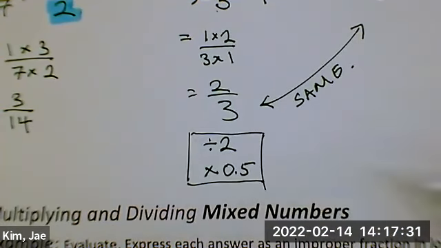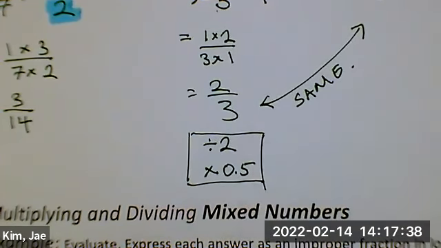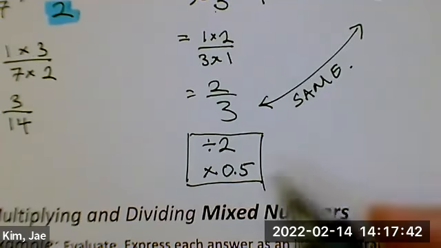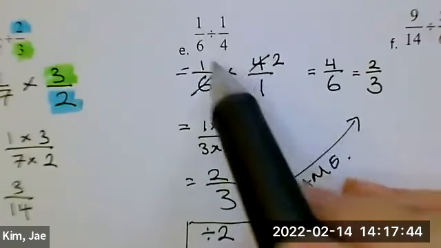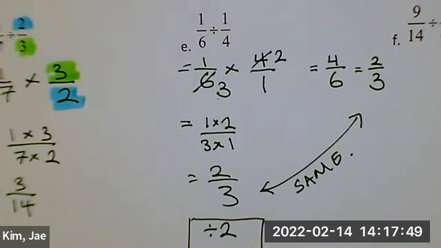These two are going to give the same result. Dividing it by 2 or cutting it in half or multiplying it by a half are the same thing. And so only do the reciprocal of the second fraction, or whatever fraction you're dividing by.